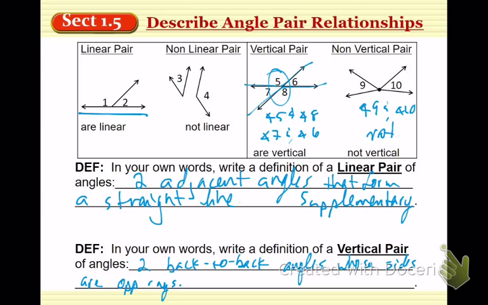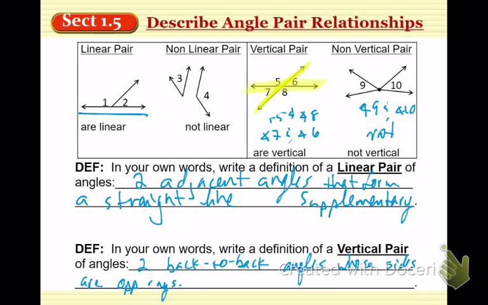Now, I'm going to add one more thing in here. When you're looking for vertical pairs, or checking to see if you have vertical pairs, start trying to trace x's. If you can trace x's, then you're going to find vertical pairs. The vertical pairs are angles in the x's that are back to back.